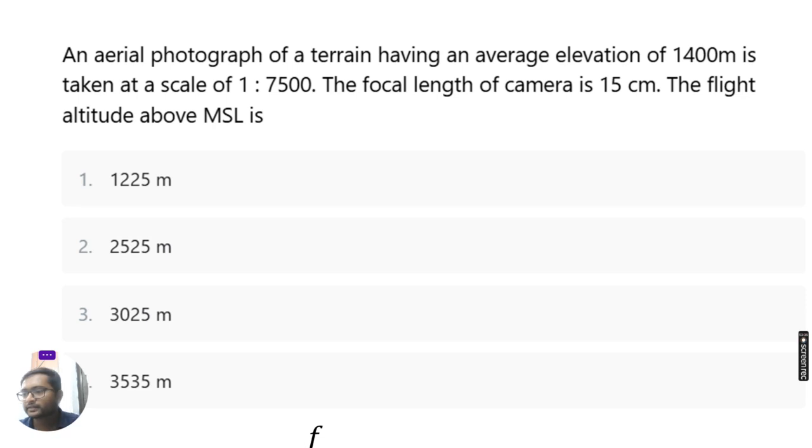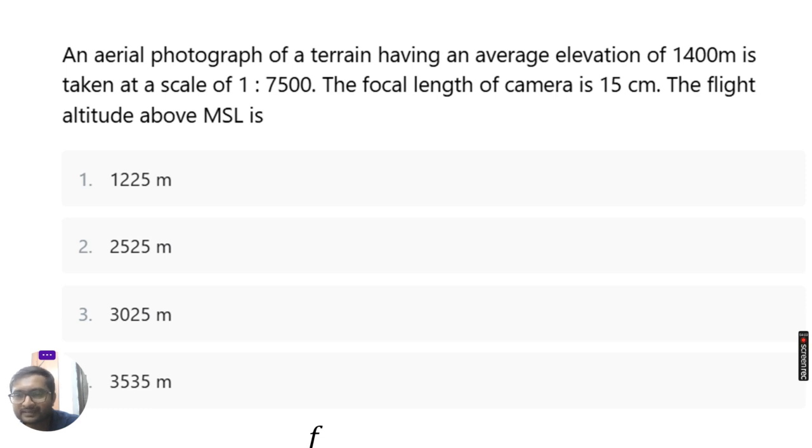So now the first question is that an aerial photograph of a terrain having an average elevation of 1400 meter is taken at a scale of 1:7,500. That is, 1 meter on map is equivalent to 7,500 meter on ground, or you can say 7.5 kilometer on ground. The focal length of the camera is 15 centimeter.